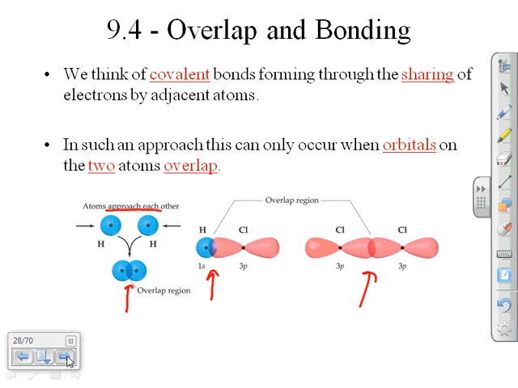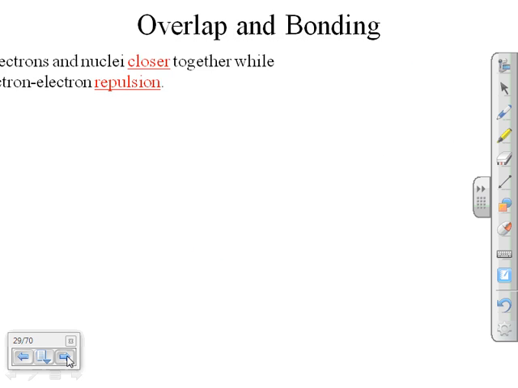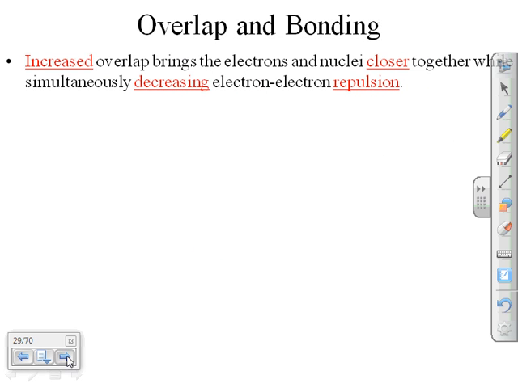You can have minimal overlap. You can have a lot of overlap. There is a preferred distance for all of our bonds here. We're not going to get too much into that. We learned that last chapter with some of our bond lengths, but this is why it happens. This is why those bond lengths are relatively consistent like that.